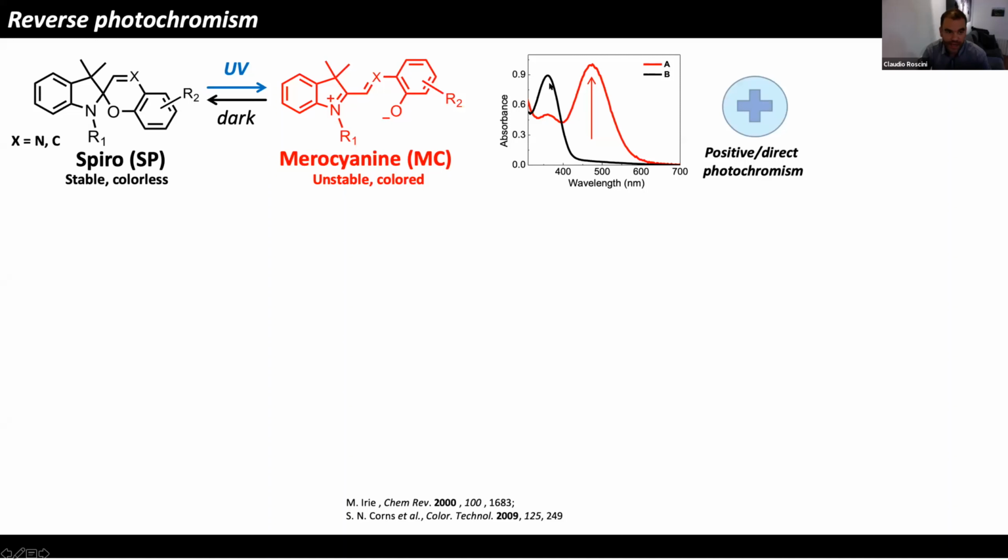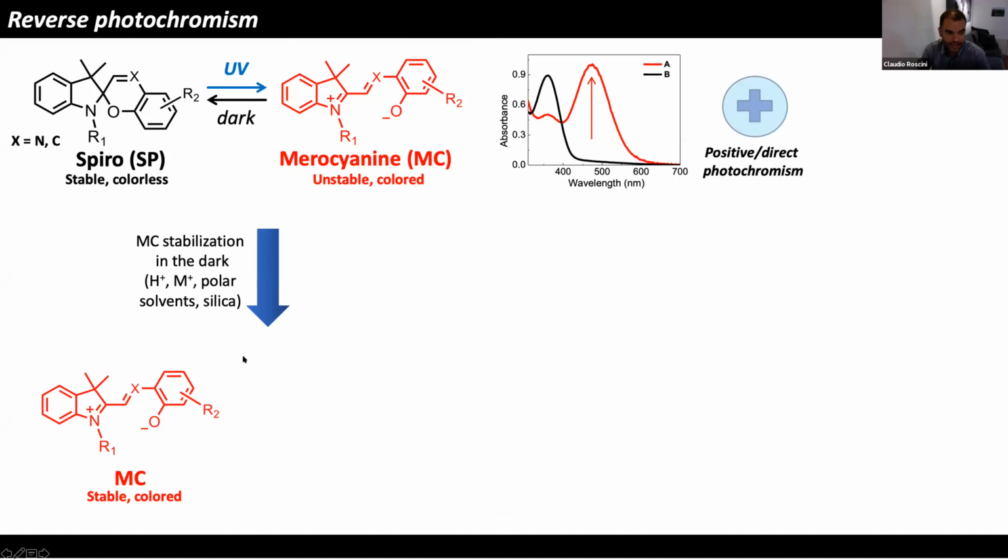So until now, I've been speaking about light-induced coloration and discoloration in the dark of the photochrome. This is called positive or direct photochromism. However, this unstable species in some circumstances can be stabilized, and in a way that this is formed without needing irradiation.